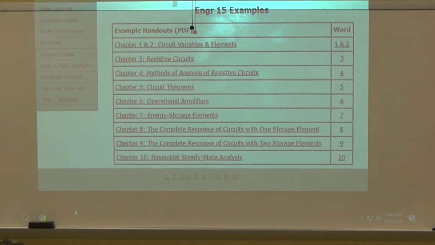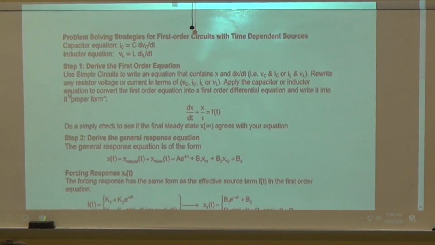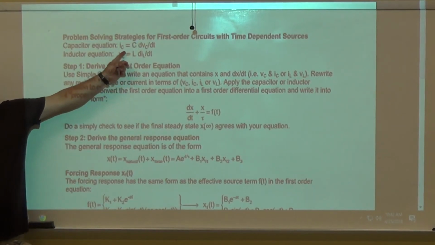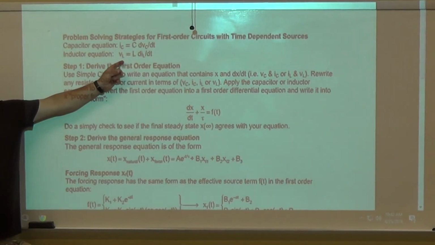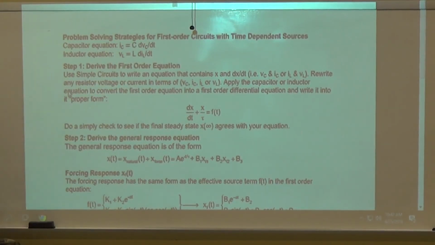So if I click on this, these are some of the solving strategies that I'm recommending here. So the first thing, you got to have these memorized. By exam 2, people say, why didn't you write these on here? Dude, if you don't got it memorized by then, it doesn't matter. Okay? You got to know these things, because you should have been using the hell out of these in Chapter 8.